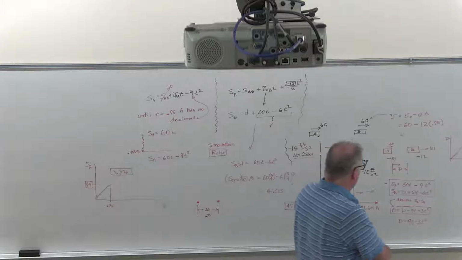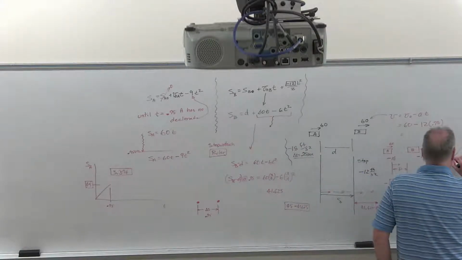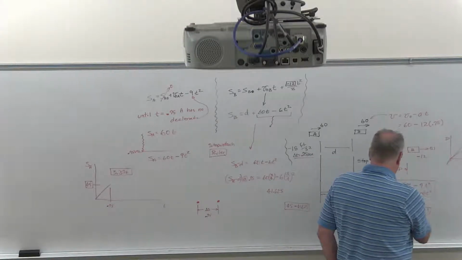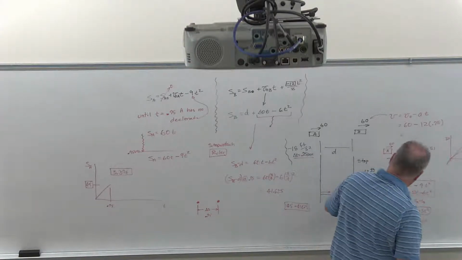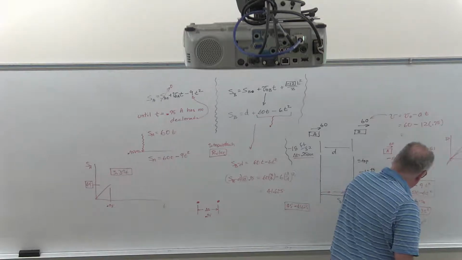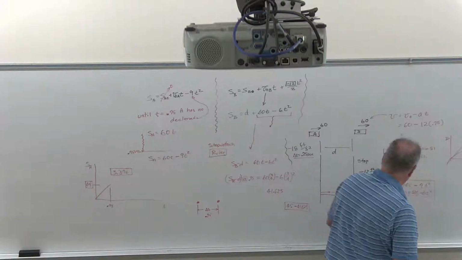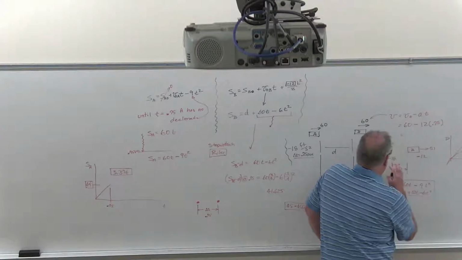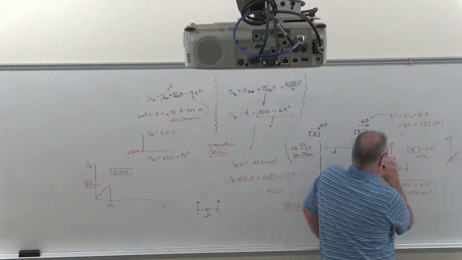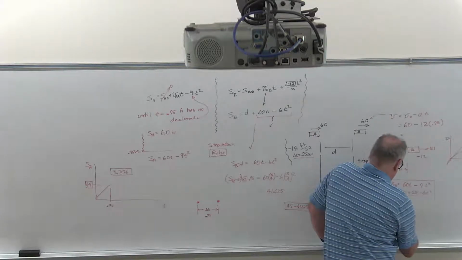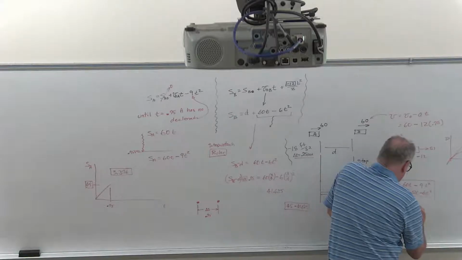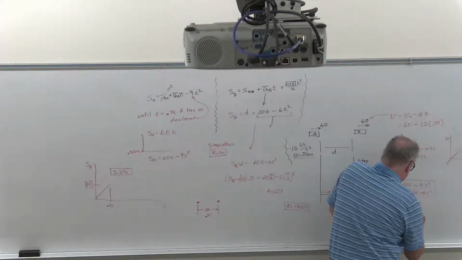Okay, so if I plot this thing, see, this doesn't make sense. What I really need to do is write it like this. Here's what I need to do. I'll take SA minus SB, and that'll be equal to the distance between them.